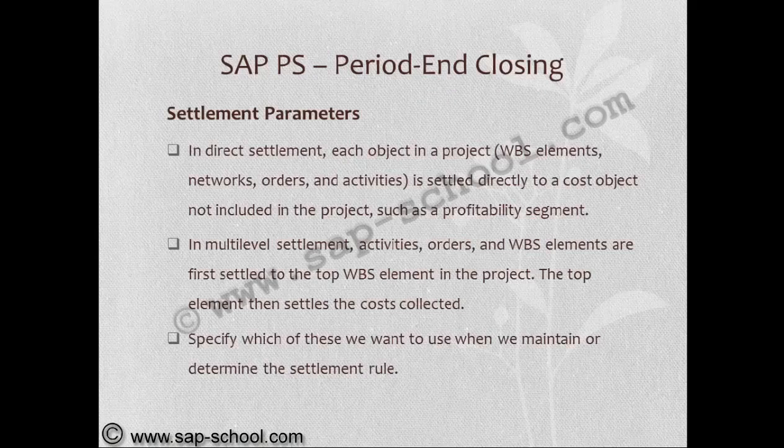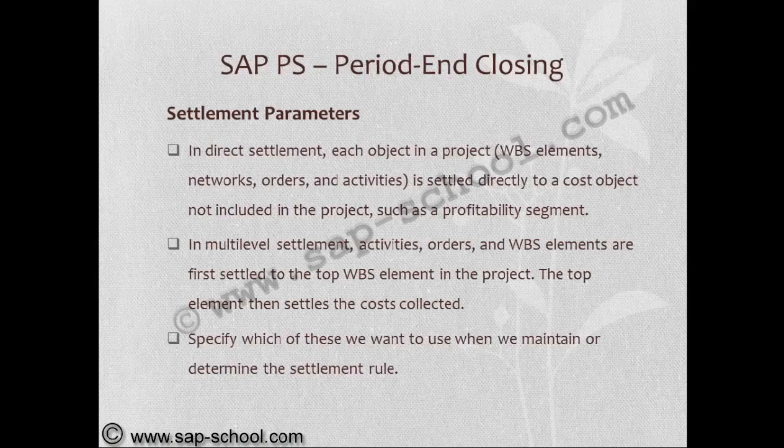Now if we consider what parameters there are in the settlement: in direct settlement, each object in a project is settled directly to a cost object not included in the project, such as a profitability segment. In multi-level settlement, activities, orders and WBS elements are first settled to the top WBS element in the project. The top WBS element then settles the cost collected.